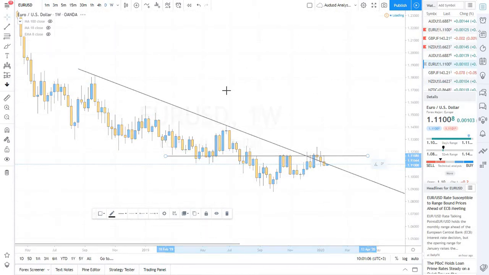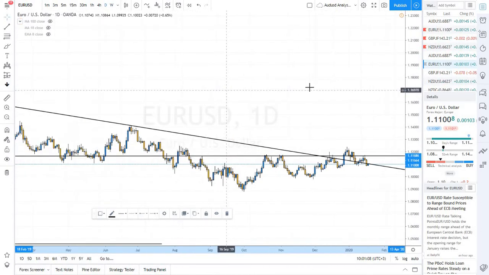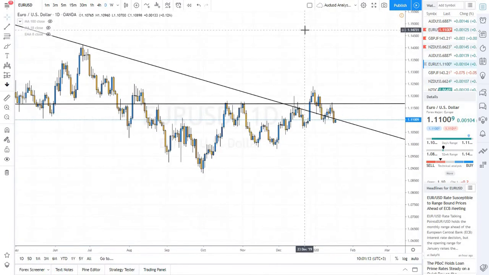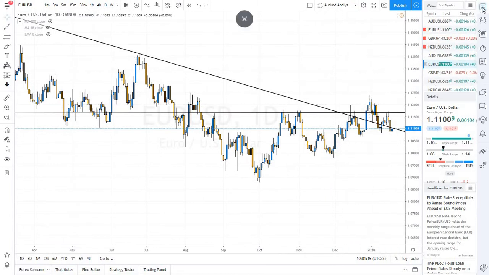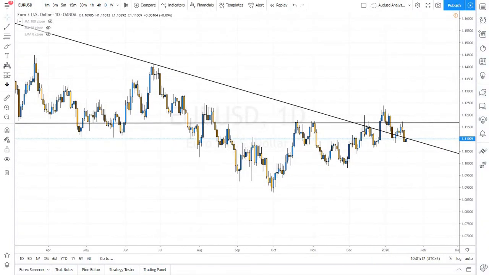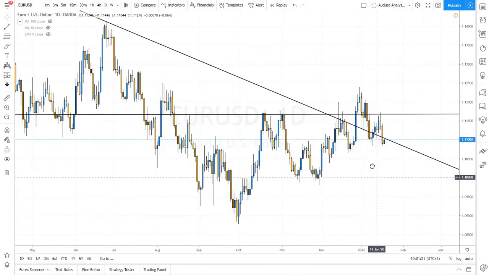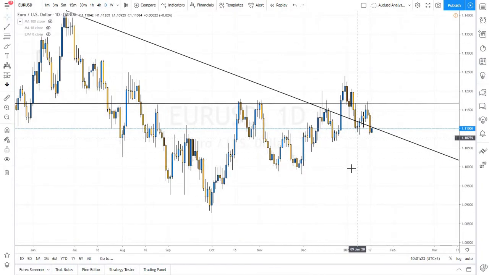So if you go down to the daily, which is very clear, and the best time frame to look at when you're looking at EURUSD. On the daily time frame, the market tested this area of resistance around this point, broke it, but then got pulled back.